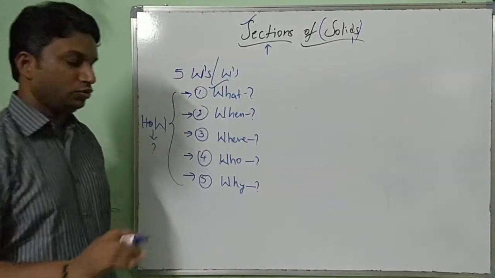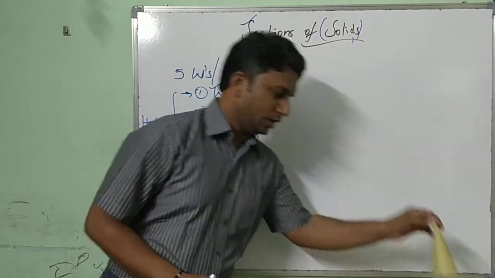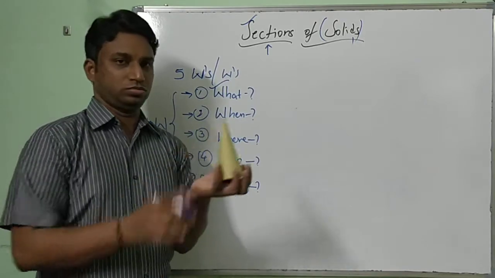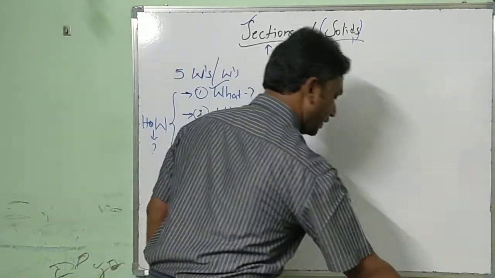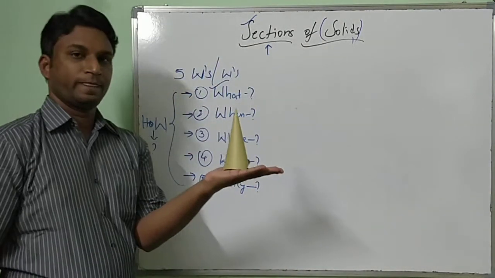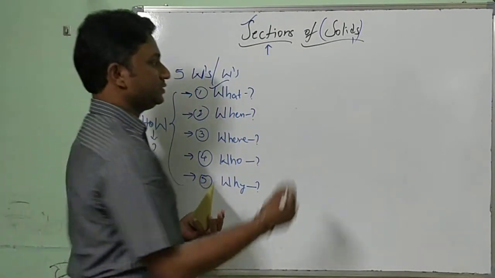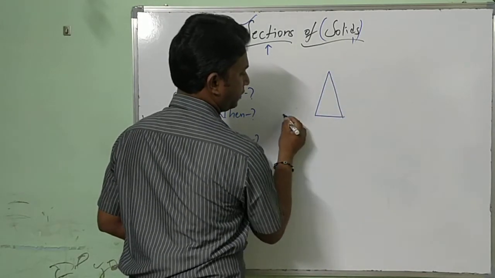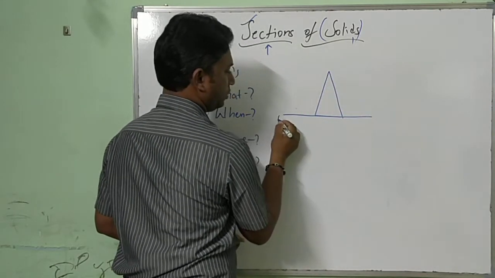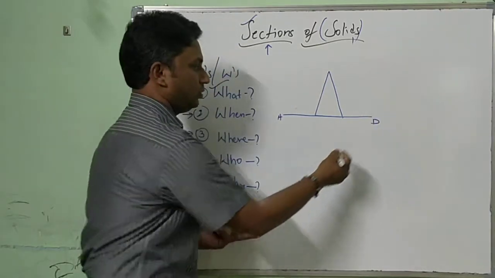Now, to start with how, let me take the example of a cone. When we are looking from the front side, how does it look? It looks like a rectangle. I am just drawing a rectangle which is on the ground, nothing but the horizontal plane. You all know this.